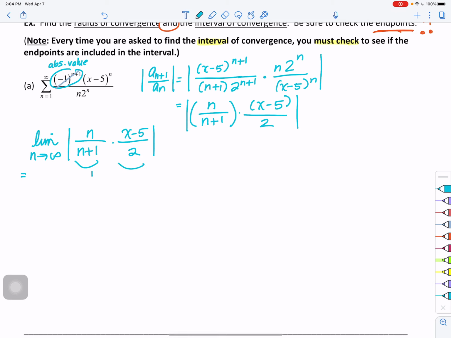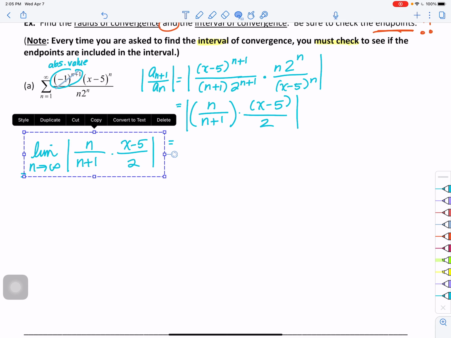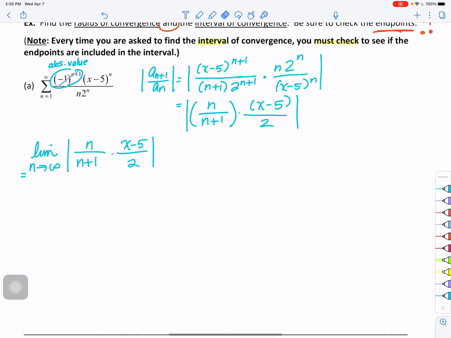And so this limit is just x minus 5 over 2. There's no n in there, okay? So this is just equal to the absolute value of x minus 5 over 2.